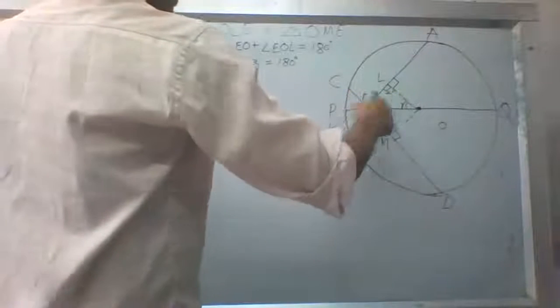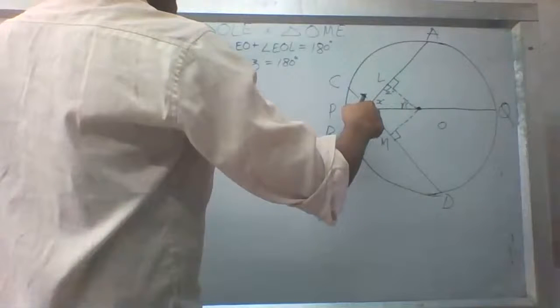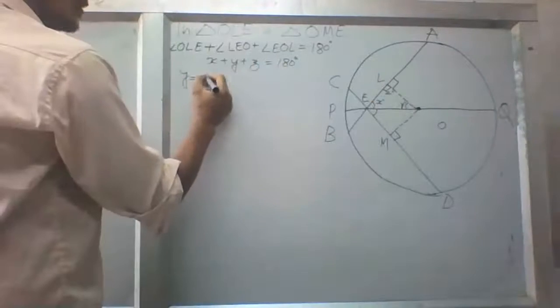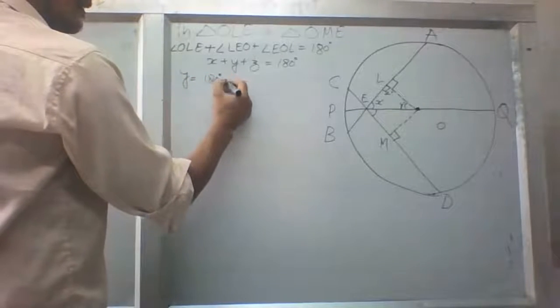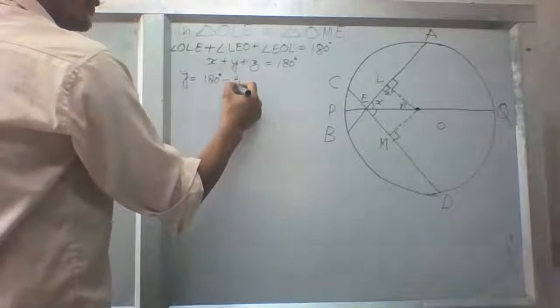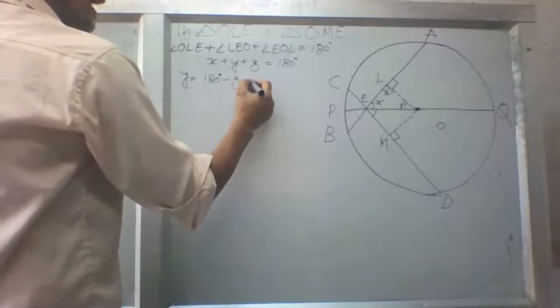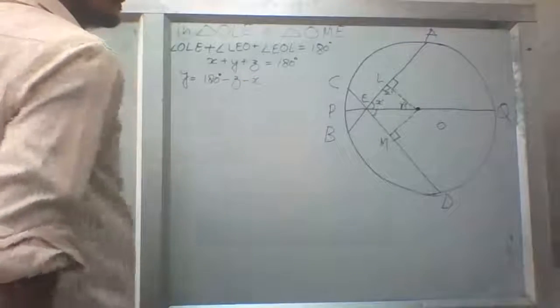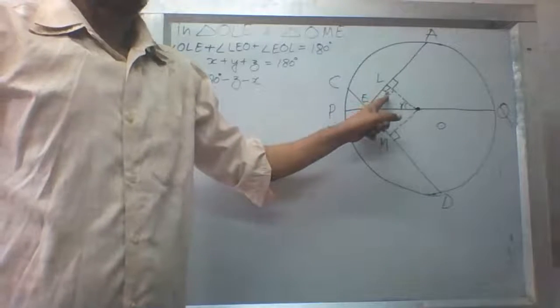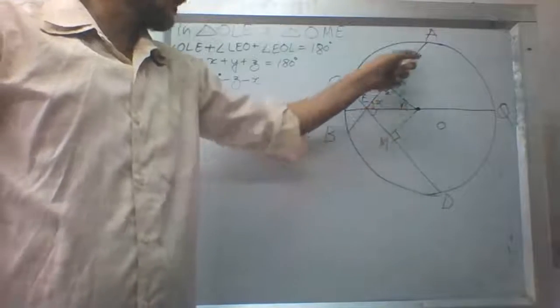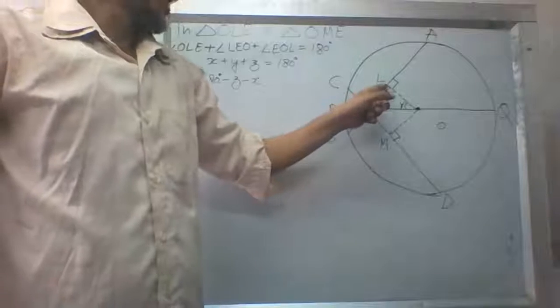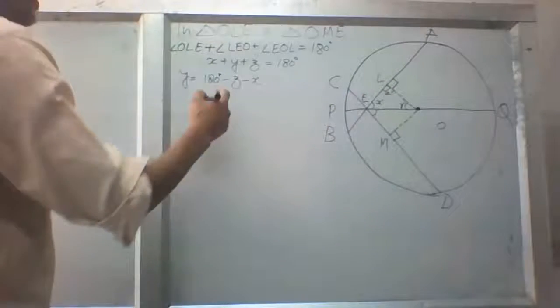Means angle y is equal to 180 degrees minus z minus x. And as this is the perpendicular on this, angle z is equal to 90 degrees.